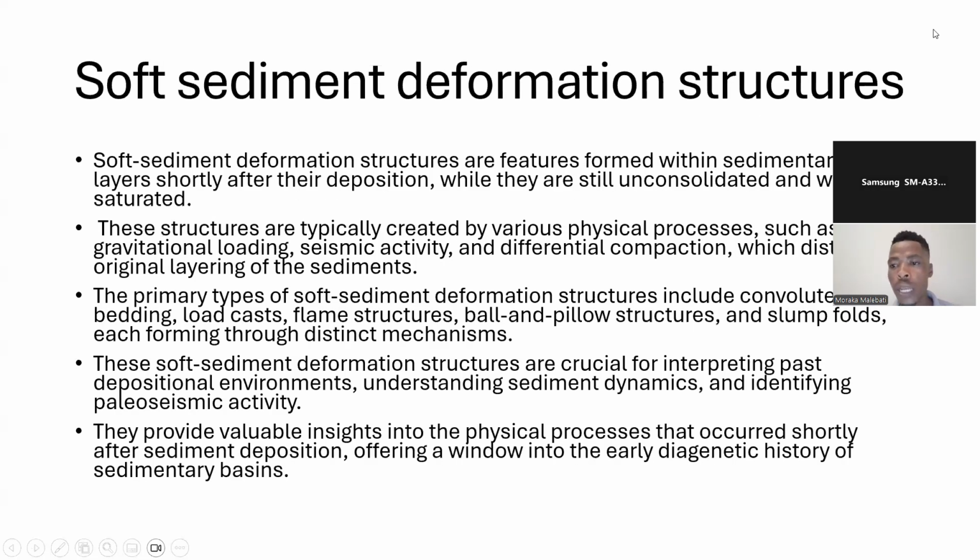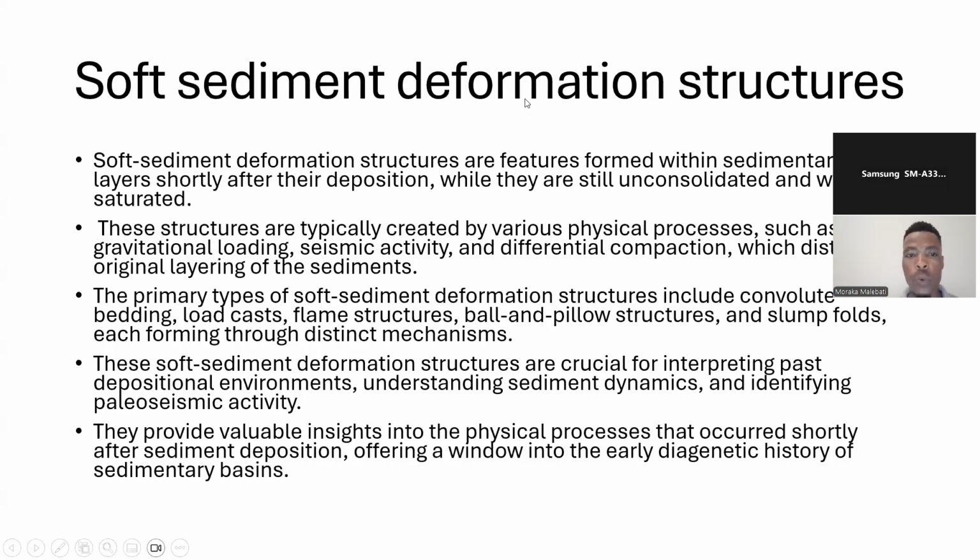If we check over here, we see that these sedimentary structures form within the sedimentary layers just after deposition, so they are post-depositional. But they happen when the sediments are still unconsolidated and saturated with water.